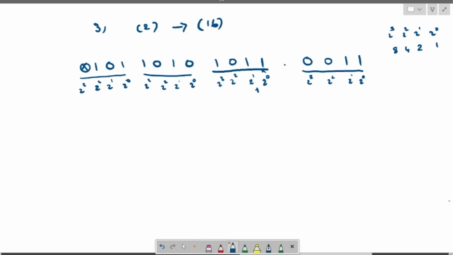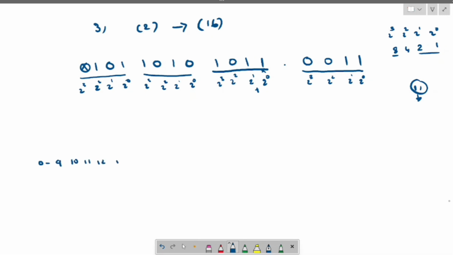Okay, we have 1 0 1 1, meaning this 3. The summation of these will give you 8 plus 2 is 10, 10 plus 1 is 11. So for 11, you are not directly writing 11. In the hexadecimal format, we have 0 to 9, then 10, 11, 12, 13, 14, 15, right?